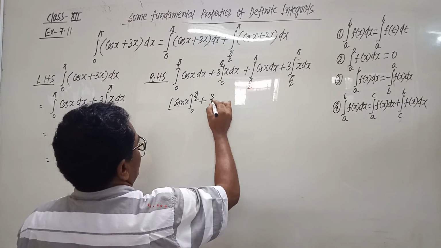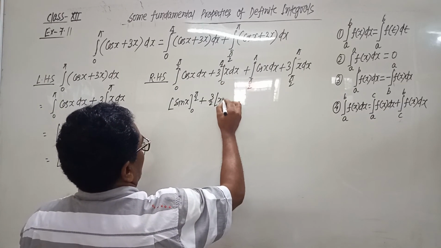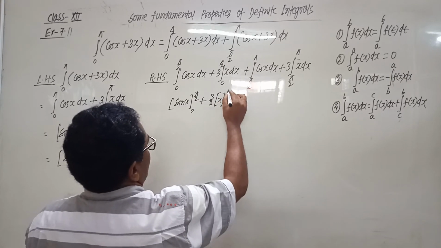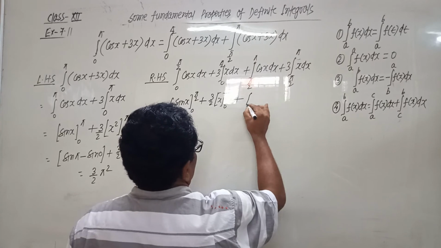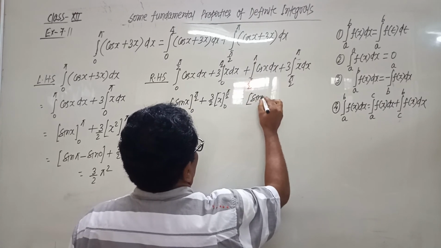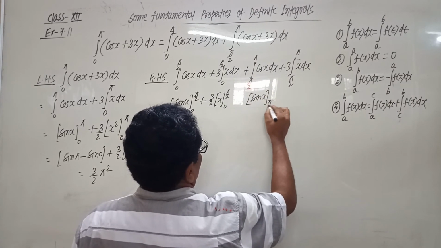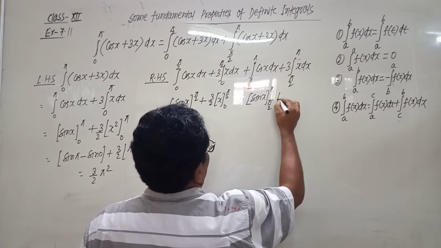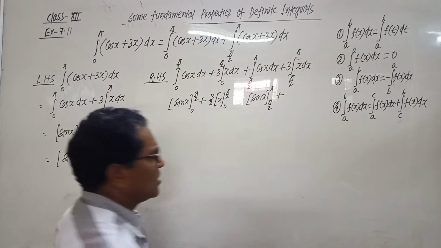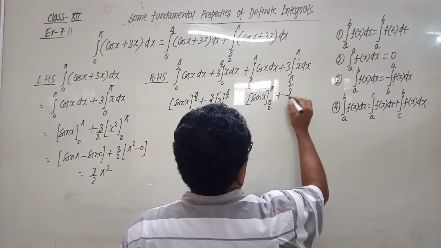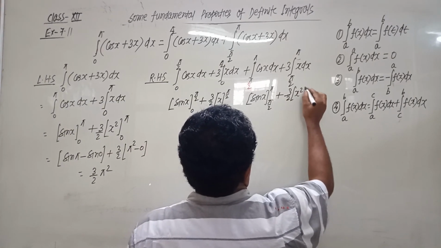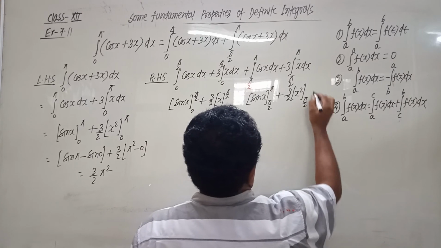Integration of x dx is x square by 2, so 3 by 2 x square from 0 to pi by 2. Similarly, integration of cos x is sin x from pi by 2 to pi, plus 3 integration of x dx, x square by 2, so 3 by 2 x square from pi by 2 to pi.